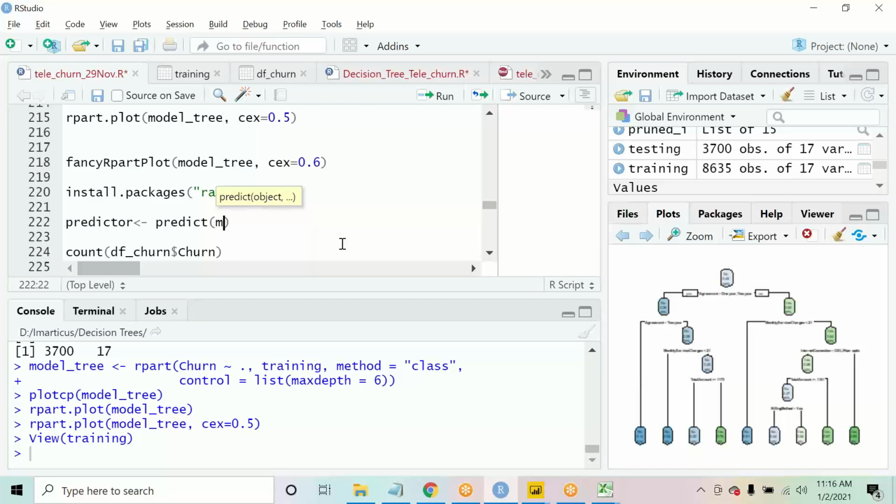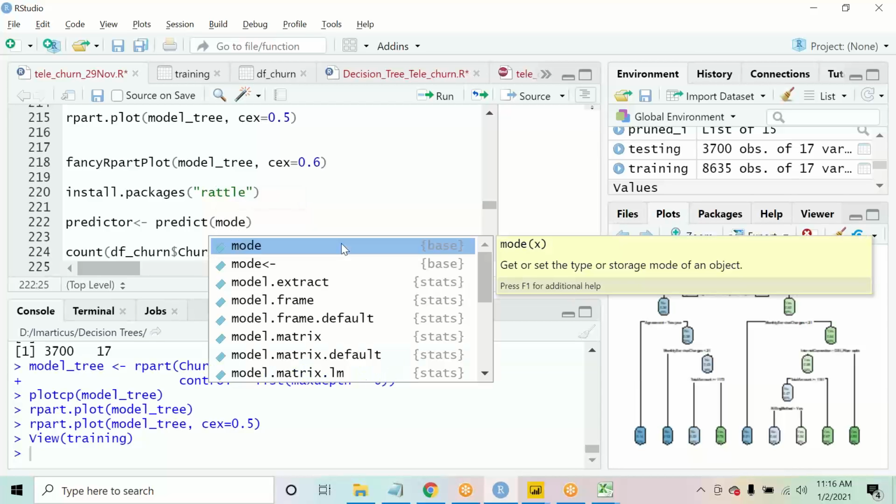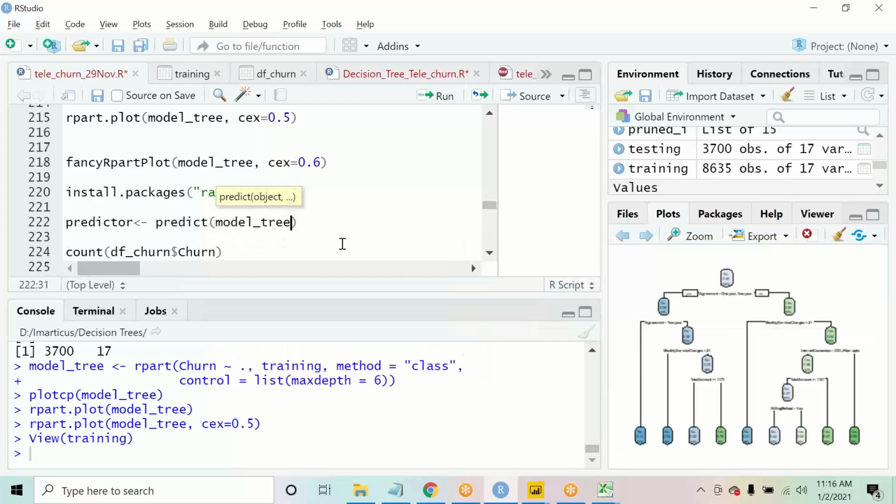And what is the model that we have created? Based on the model tree, this is the model that we will be using. And then what data set will we be using in this case? The data set is testing, okay, the test data set. So you will use testing as the data set over here.